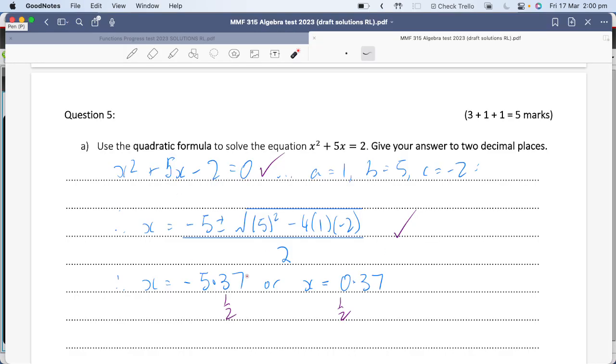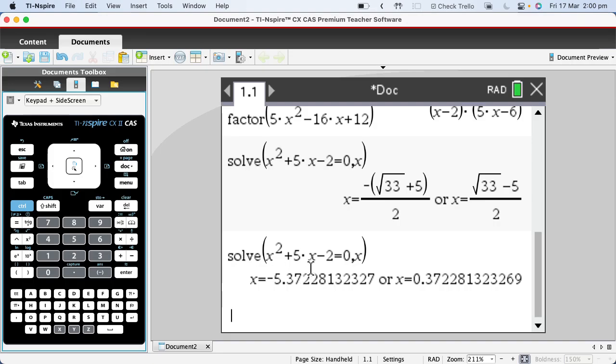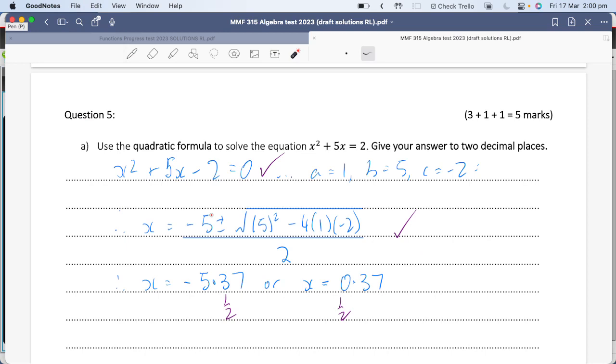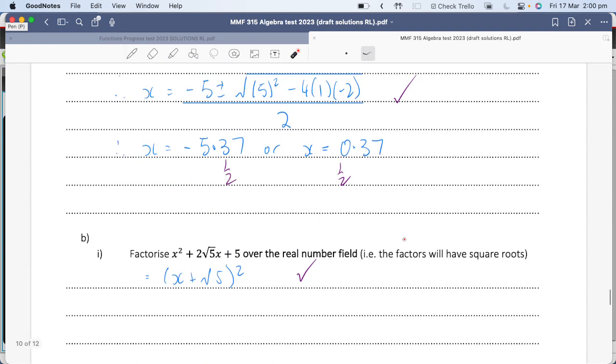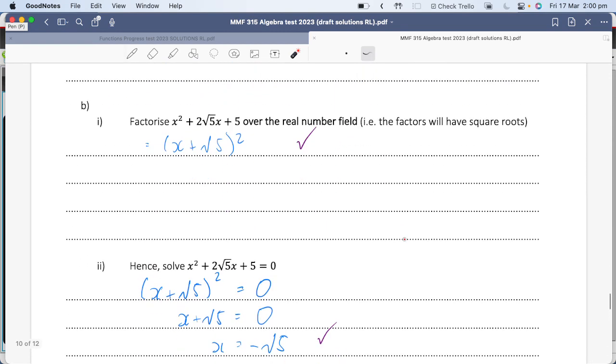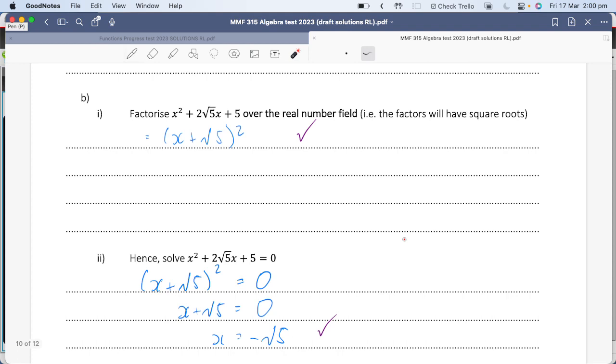So you do this to show you know how to use it, but then you use your calculator to fast forward to the answer without having to worry about putting that whole thing in. And this I tried. If you had done this, people still weren't getting this right.